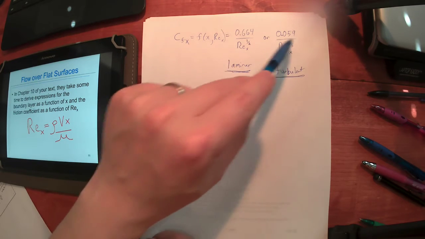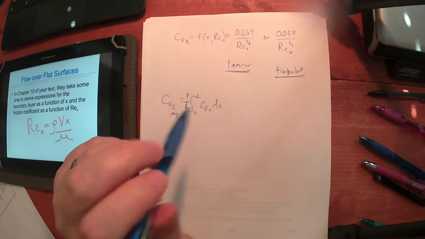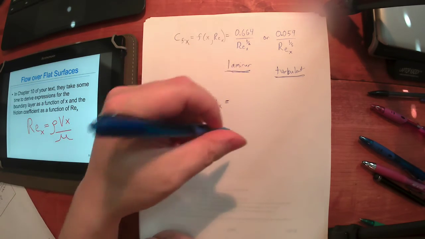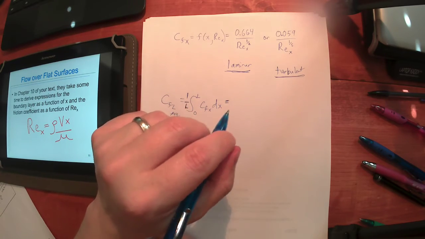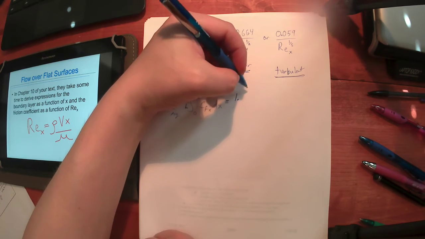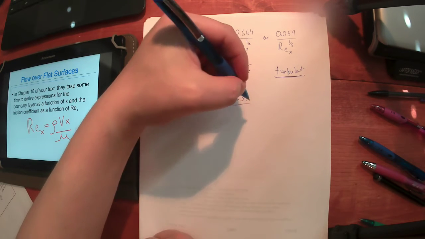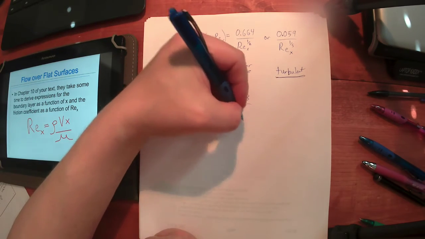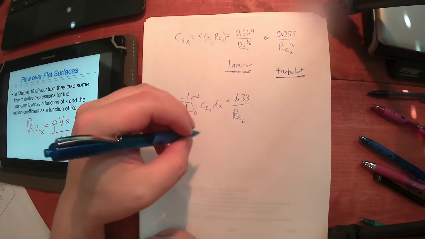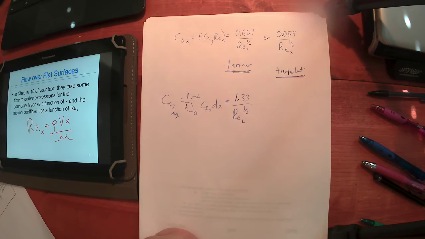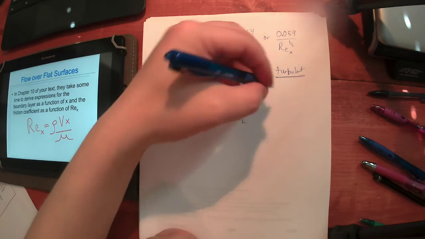Now, these are not hard to integrate, obviously. We've done way worse, hopefully, in a calculus class, but somebody's already done it for us, and we just have to look at it and make sure, okay, that makes sense. If it's laminar, if the entire plate is laminar, it's 1.33 divided by the Reynolds number computed out at length L. Take the square root of that quantity, square root of the Reynolds number computed out at length L, if the entire plate is laminar.